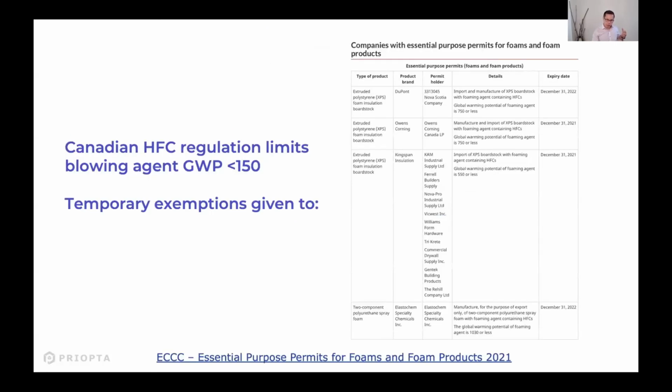It's important to note that in Canada, regulation has been put in place that came into effect at the beginning of this year, limiting the blowing agents to a GWP of 150. But I later realized that they gave some exemptions to a few companies at different dates. So they could still use global warming potentials of like 750 or 550 up to the end of this year or next year, depending on the manufacturer. So it's something to keep in mind.